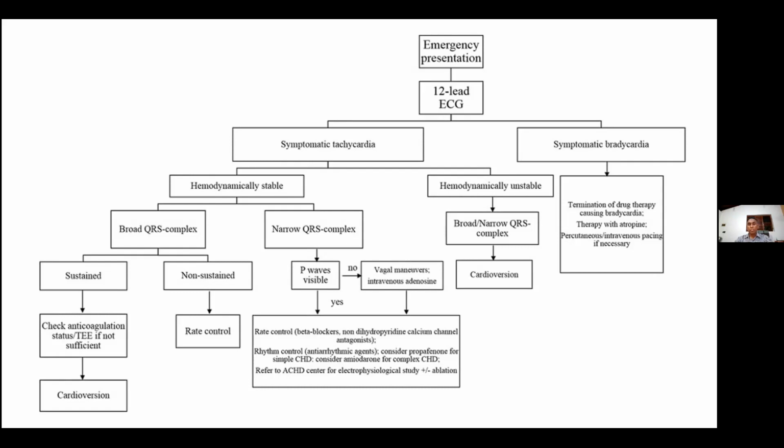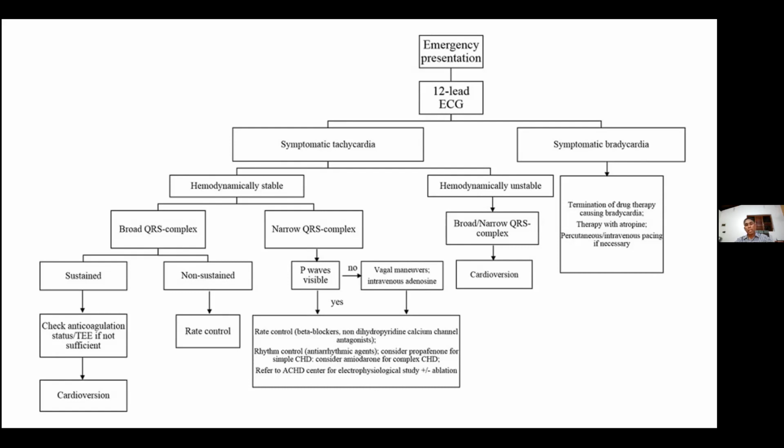That is one way you can do it when the patient is stable, and then refer to the tertiary care center. So that is about symptomatic tachycardia. So in summary, see whether the patient is stable or unstable, and then you decide which way you are going to take.